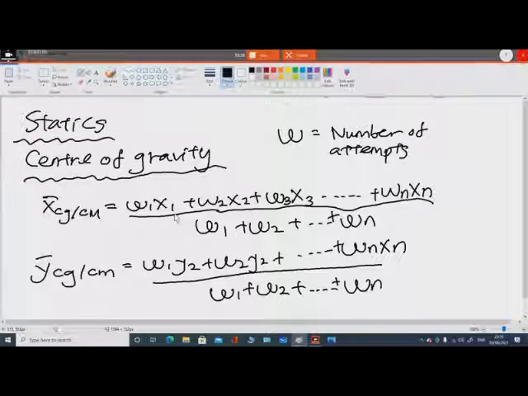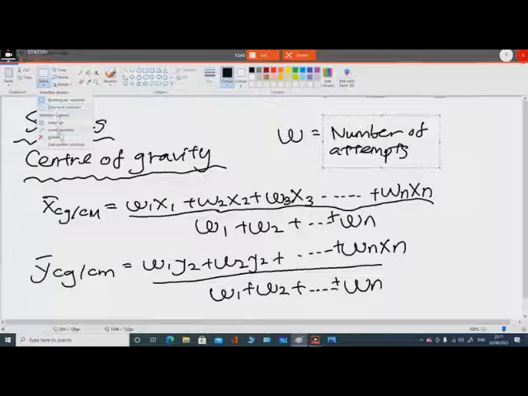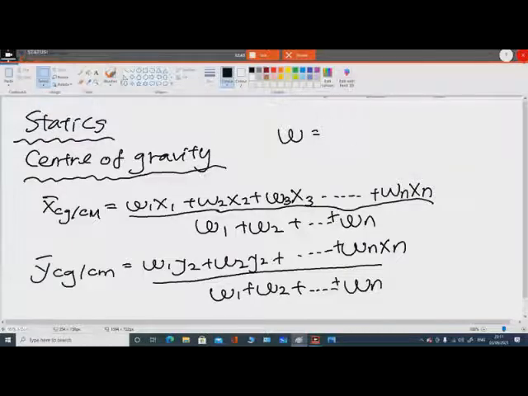There's a mistake here. This w is actually not the number of atoms, this w is actually the frequency of x and y.